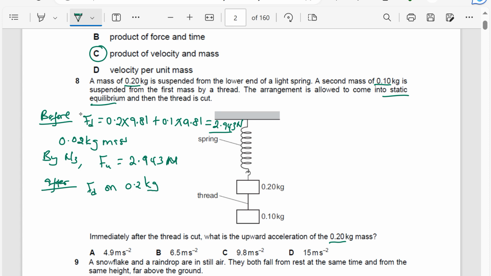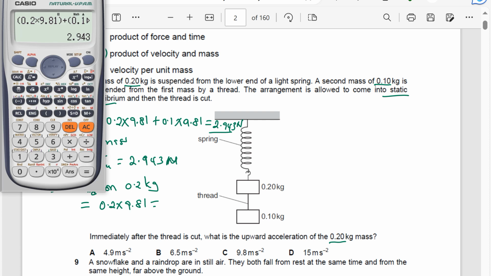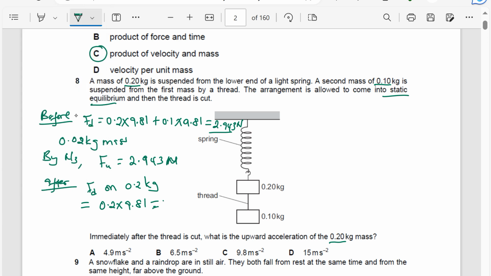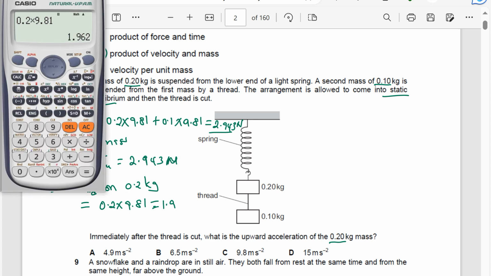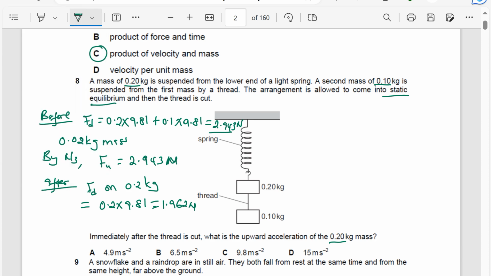The force down on the 0.2 kilograms can now be calculated. The downward force on the 0.2 kilogram mass is only its weight, which is going to be 0.2 times 9.81, which is 1.962 newtons.